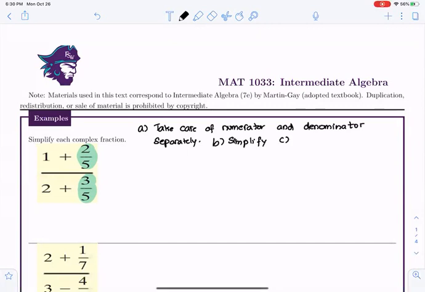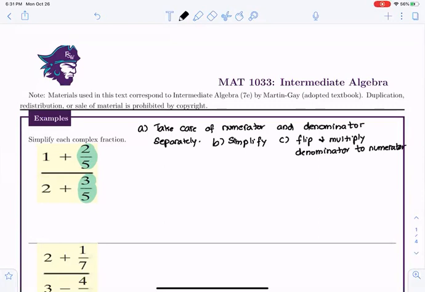And the last step would be flip and multiply. And if at all possible, if you can simplify it further, go for it. So let's see if we can go through the steps.